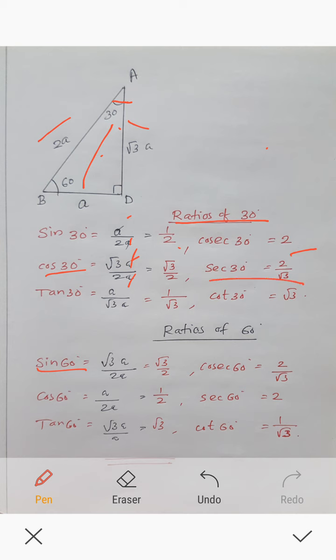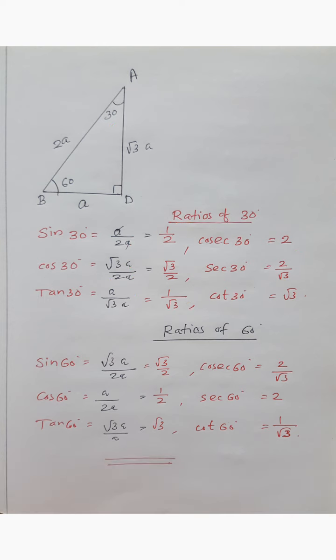And tan 30 is opposite side of 30 degree by adjacent side of 30 degree, that is a by root 3a. a and a will be cancelled, gets 1 by root 3. Then cot 30 is the reciprocal of tan 30, that's equal to root 3.